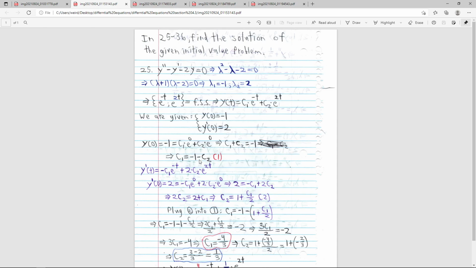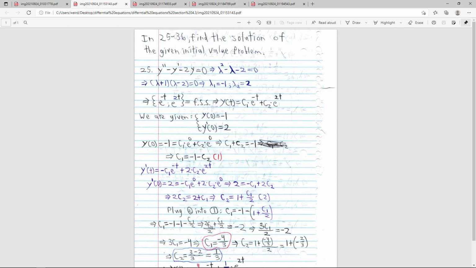So 2 into 1, we get c1 equals negative 1 minus 1 plus c1 over 2. So it's c1 equals negative 1 minus 1 minus c1 over 2. So this means we have 2c1 over 2 plus c1 over 2, because I multiplied top and bottom by 2, which you can do.